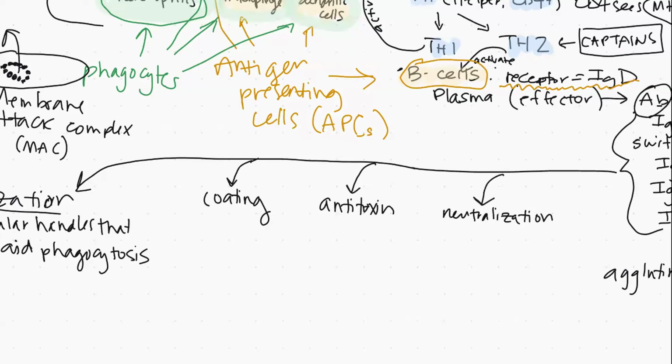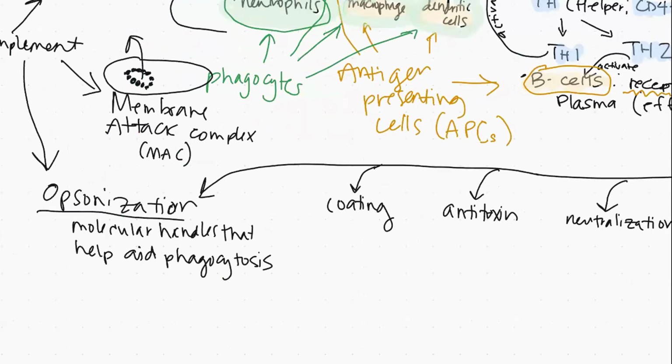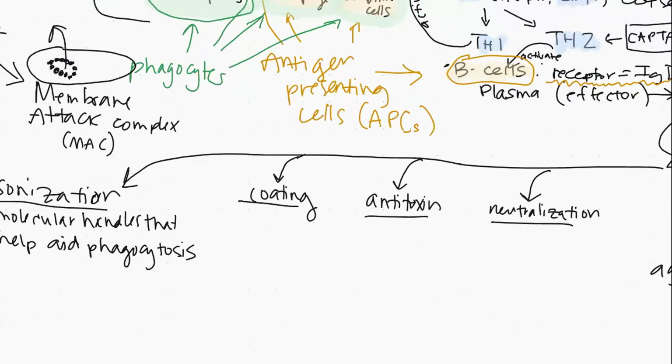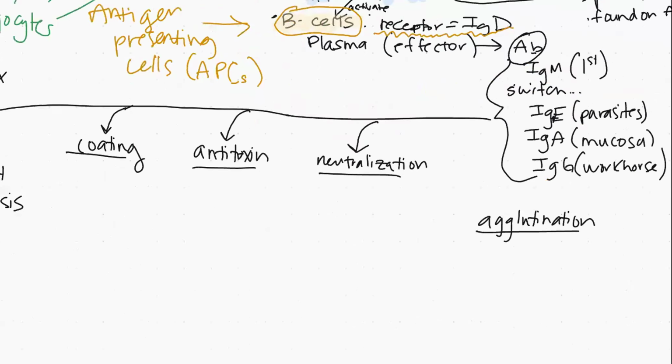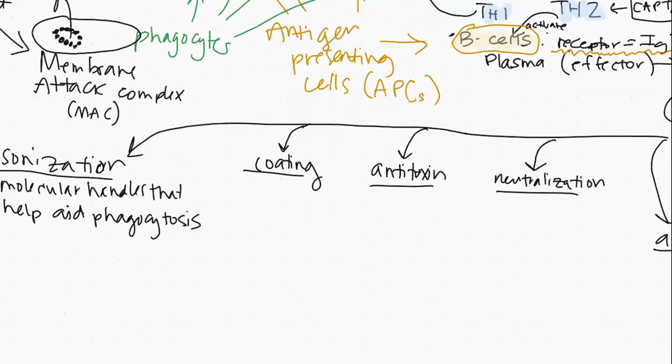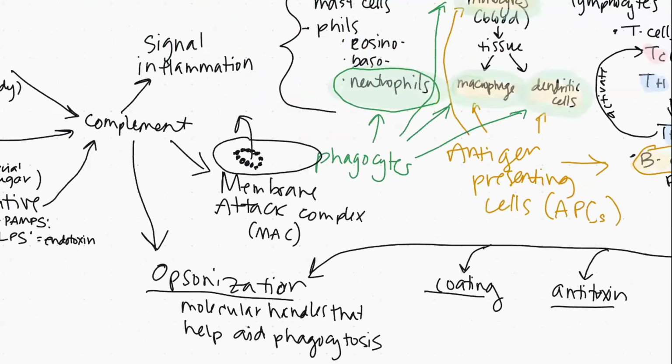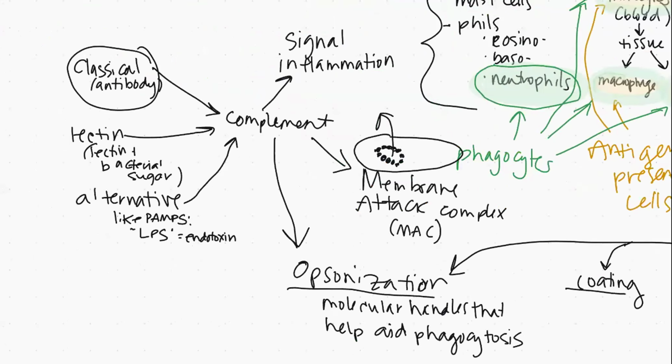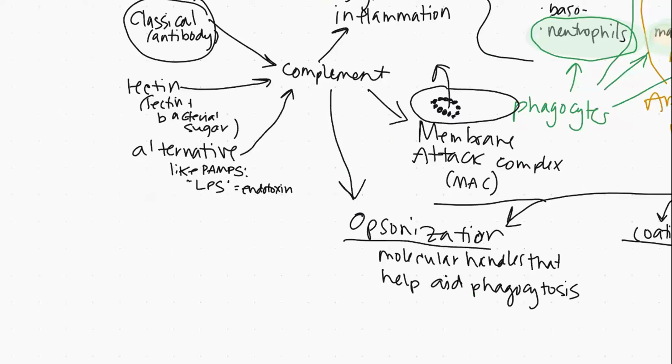Opsonization. And in addition to opsonization, one other thing that antibody does, of course, which we already have over here, is the classical pathway of complement. It's all the same thing. So those are our 6 possibilities of the actions of our antibodies.